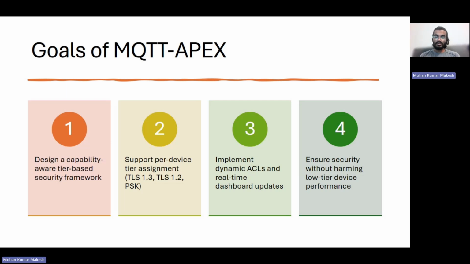Third, we introduce a dynamic ACL, access control list, that adjusts automatically as devices join or change. And finally, we maintained a strong focus on usability, ensuring that constrained devices aren't excluded due to performance overhead.